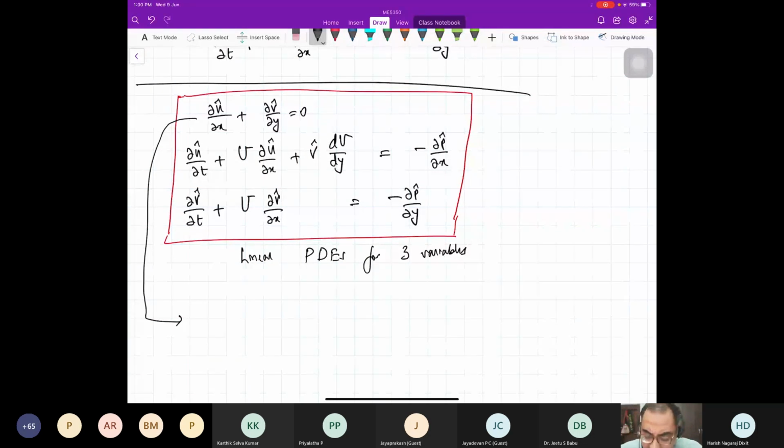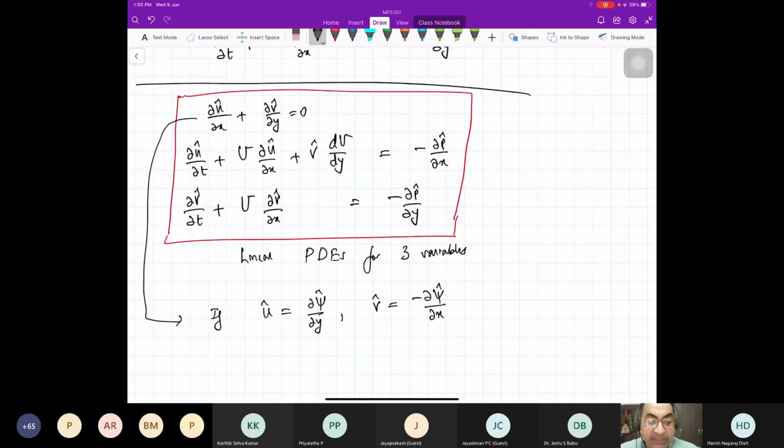If I take u hat to be, let's say, ∂psi hat/∂y, and v hat to be minus ∂psi hat/∂x, meaning I've defined a new scalar psi, such that the derivative with respect to y gives me u, the derivative with respect to x gives me v.